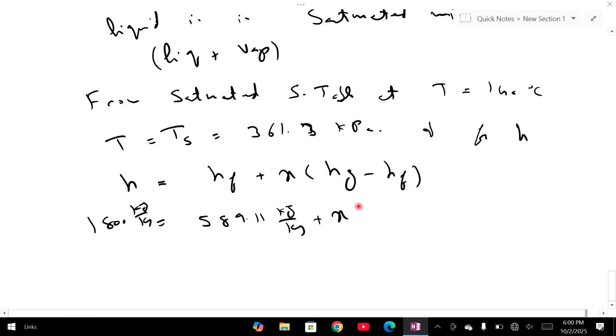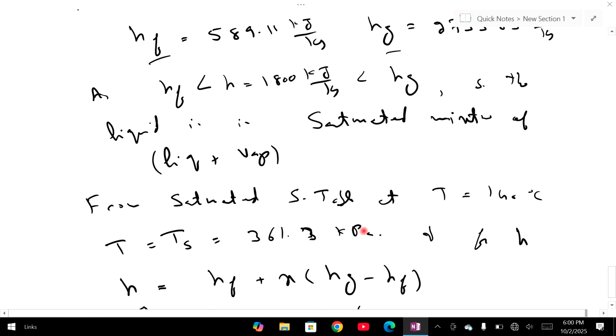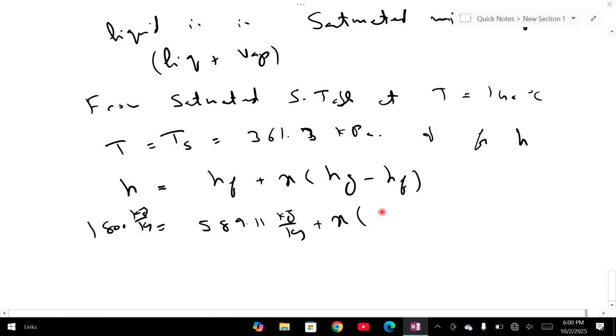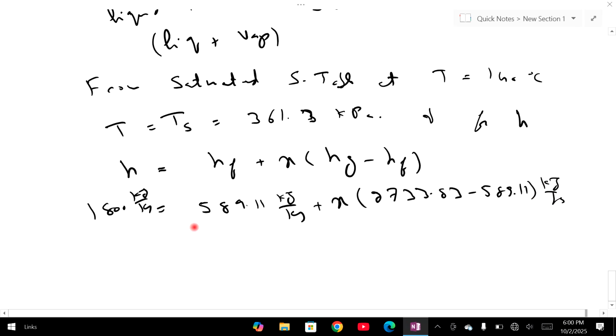We have to find the dryness fraction in this case. And Hg is 2733.83 minus 589.11 kilojoule per kg. So rearrange this equation.